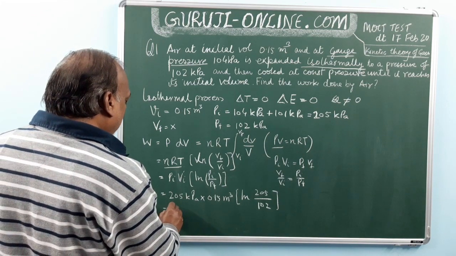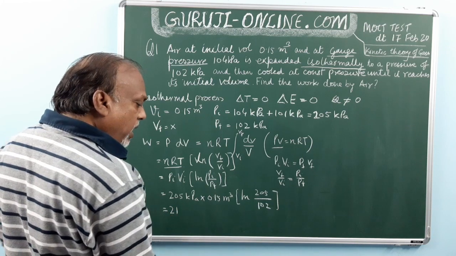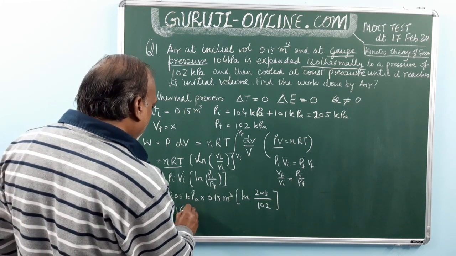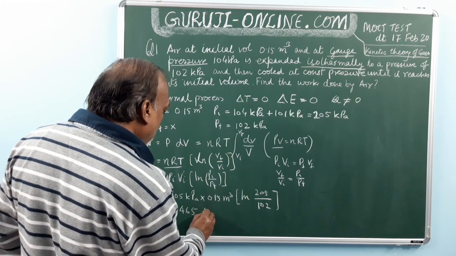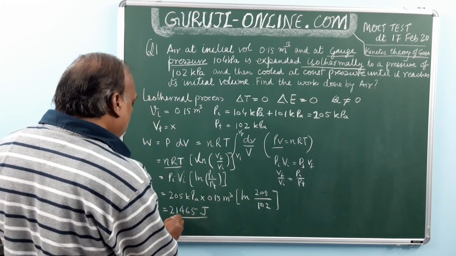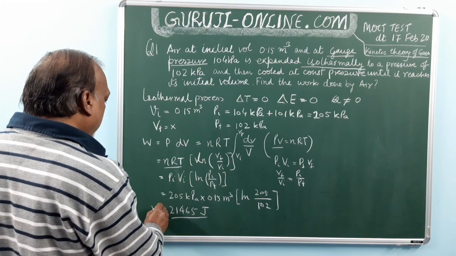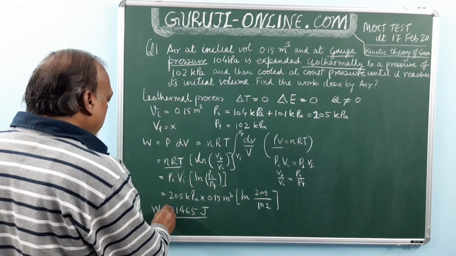So this will give you 21,465 joule. This is the work done in our initial process.